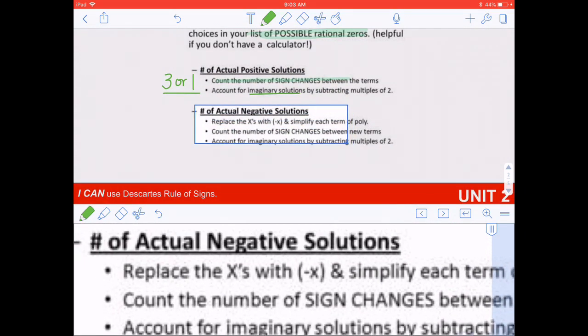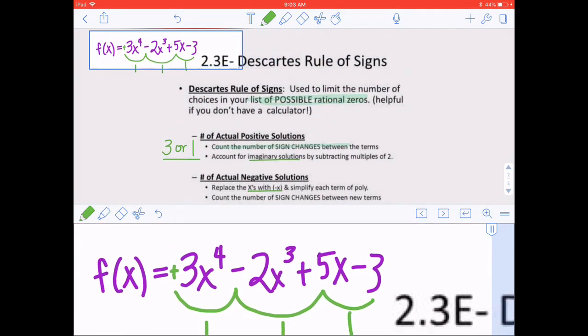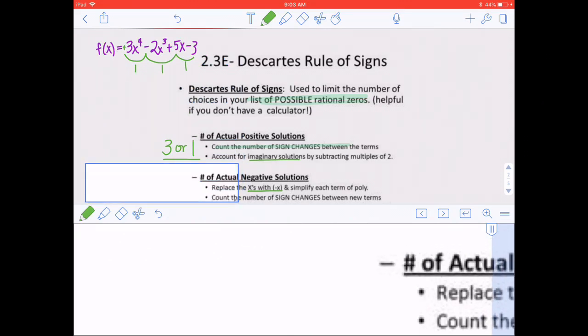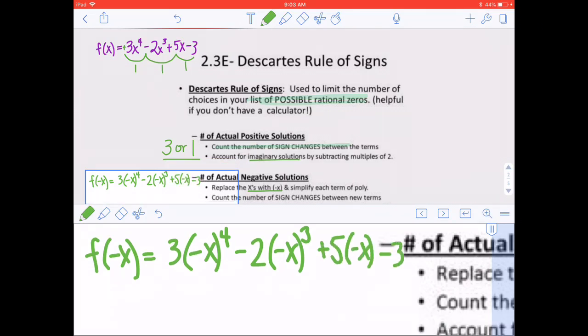To figure out how many negative solutions we'll have, we want to replace all of the x's with a negative x and then simplify. So if we're looking at this polynomial, I will plug in negative x, which will give me 3 times negative x to the fourth minus 2 times negative x cubed plus 5 times negative x minus 3.